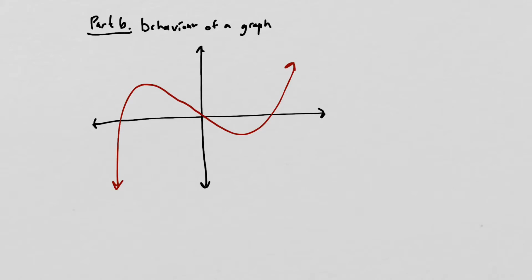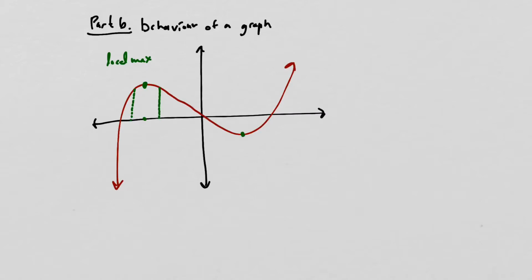Here we're given some graph. On this graph we have two different points where everything around it is either smaller or bigger than it. Here we have a point that we call a local max. And the reason why we call this a local max is because we can take a very small neighborhood around this point, and on the graph every point inside this small neighborhood is going to be smaller than this y value.